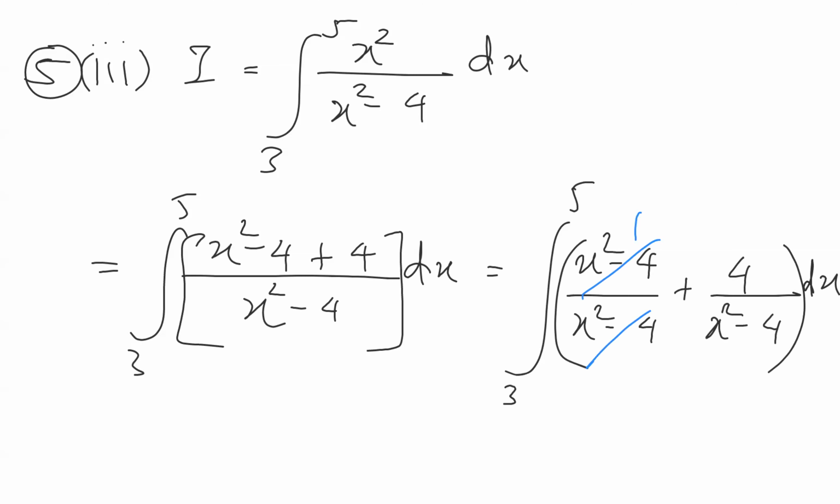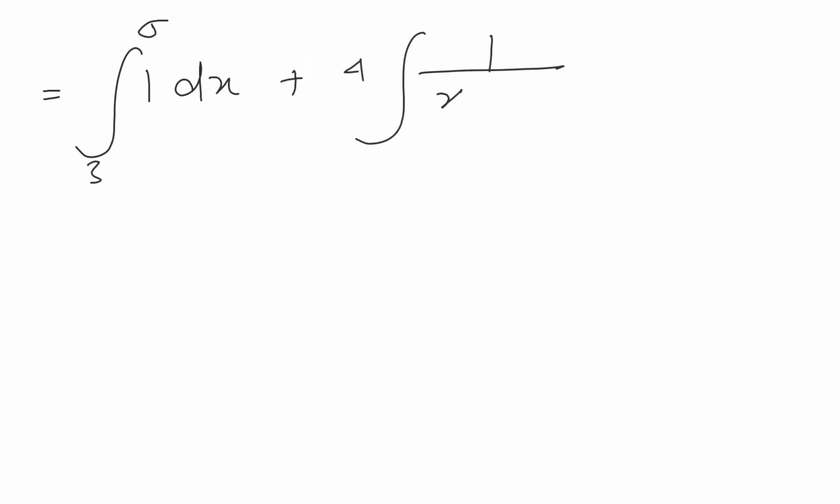Right. So now we'll have to individually integrate both the terms. I'll separate this: integration of 1 dx from 3 to 5, 4 outside, integration of 1 upon x square minus 2 square.